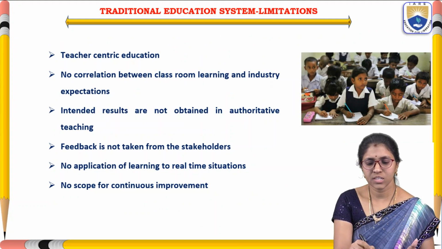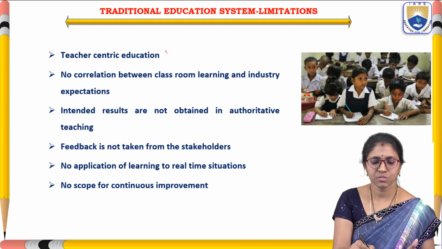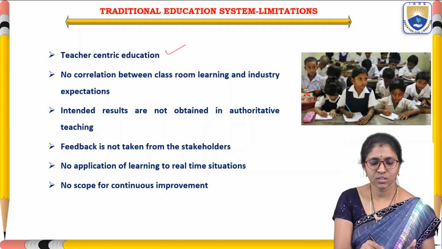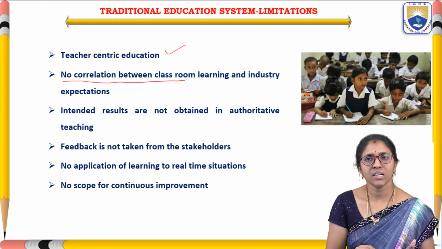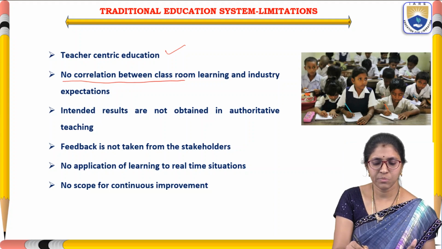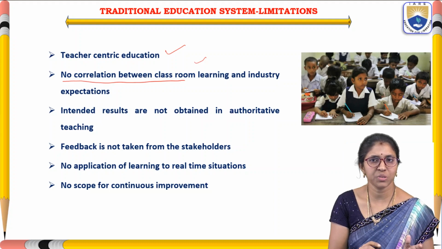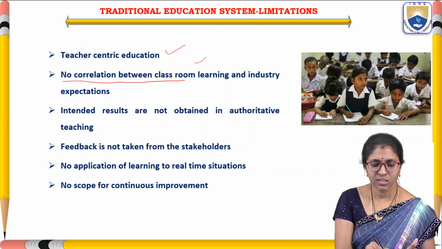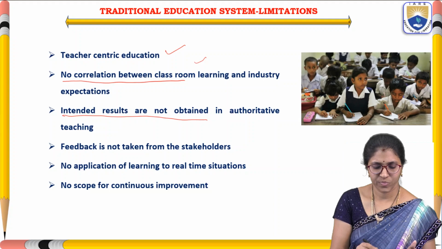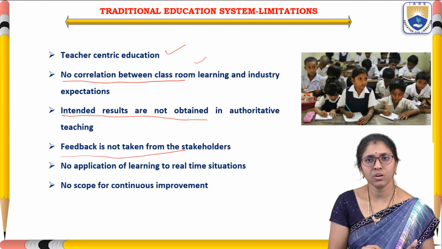This traditional education system has some limitations. First, it is teacher-centric education. Second, there is no correlation between classroom education and industry expectations. The intended results are not obtained in authoritative teaching, and feedback is not taken from the stakeholders.